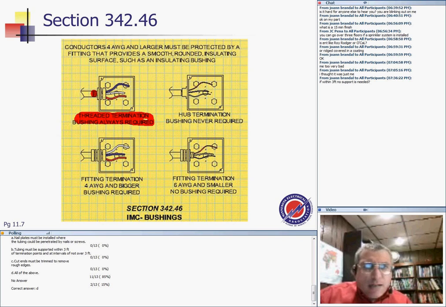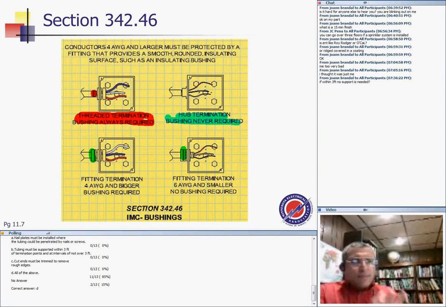Now I have a hub. A hub is designed, guys, as a smooth transition from the conduit to the box. You don't need the bushing for any size. And if you have couplings like these, not threaded couplings, just a coupling, then if your conductor is number 4 or larger, you need to protect it.